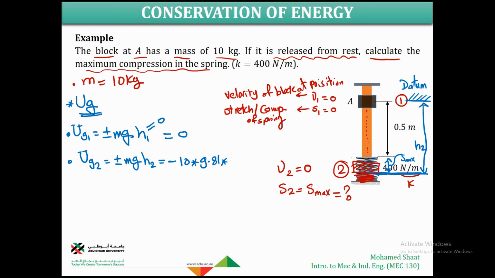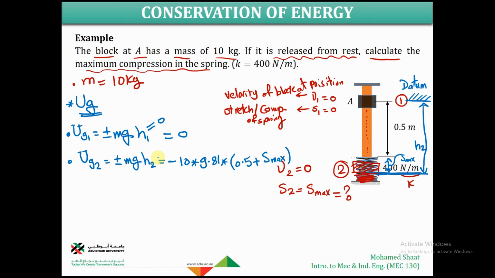Why? Because, as I said, the box is going to keep on pushing the spring down. So the total distance that the box is going to move down from position 1 to position 2, this is h2, is going to be 0.5 plus the S maximum, which we have no clue how much it is. So h2 equals 0.5 plus S maximum, the maximum compression that we don't know.